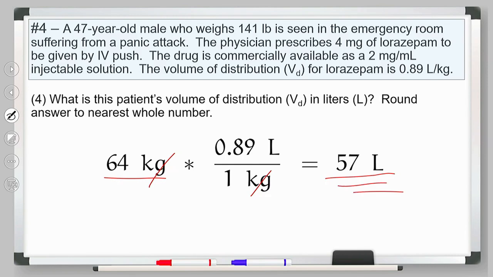That is, when you give a dose of lorazepam, it appears to disperse in a volume of 57 liters. It's not a real volume in your body. There isn't 57 liters in your body. It just, compared to the blood, seems to leave the blood and go into a space that occupies 57 liters. So now we have its volume of distribution.